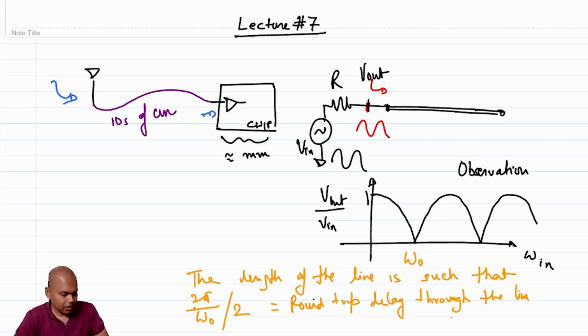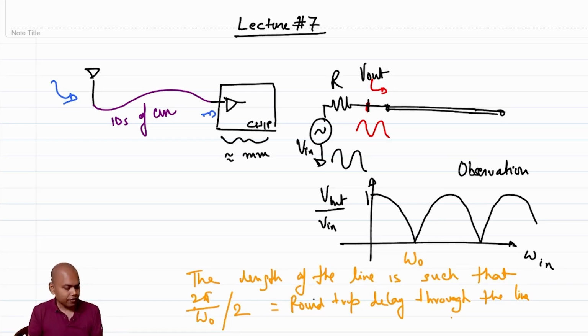So that is why. Now note that this is a very weird thing that happens in a distributed system. You are never going to see this in a system where the dimensions are much smaller than the wavelength of the waveform that is involved, right?